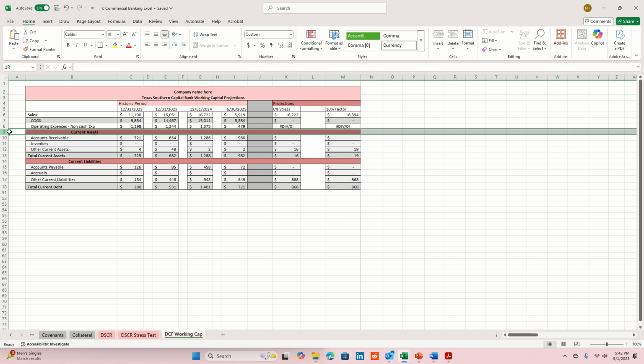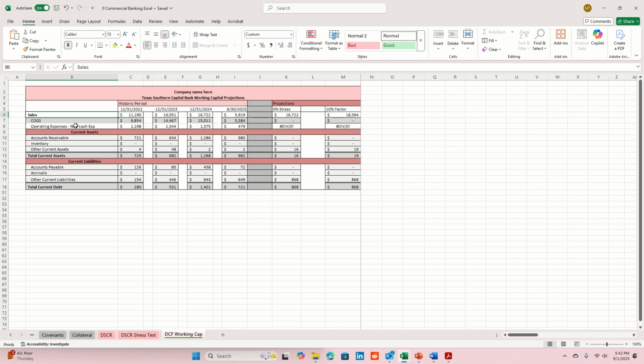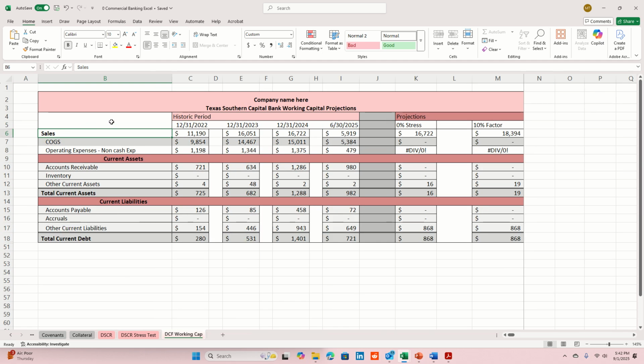What's happening up here is we've taken our sales account, we've taken sales from 2022, 2023, 2024, and 2025. We've made an average, and then we're going to input a number here that causes this number to increase. So imagine we say sales increased by 20%.